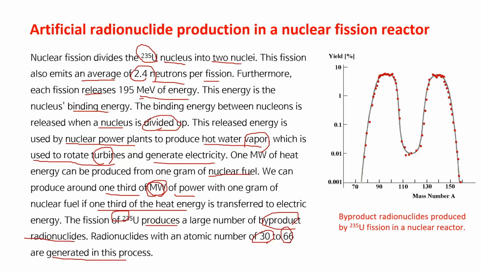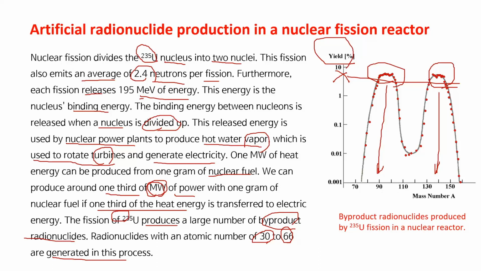So here we have two peaks, around 66, the peak position, and here around 30, and the highest yields can be obtained in the nuclear fission reactor. So this figure shows byproduct radionuclides produced by uranium-235 fission in a nuclear reactor.